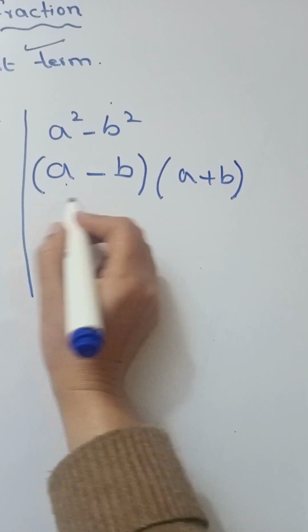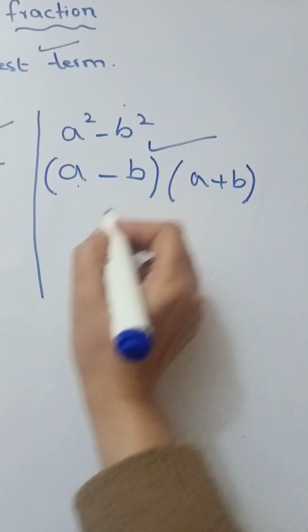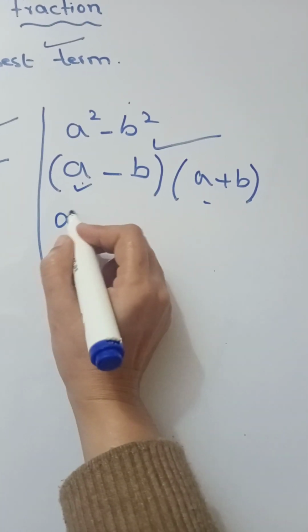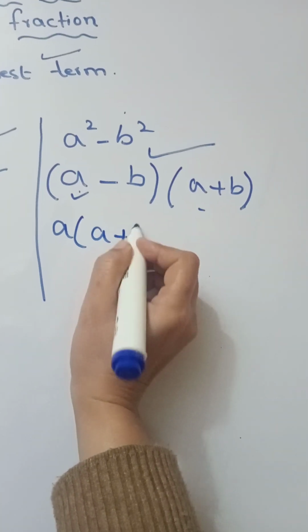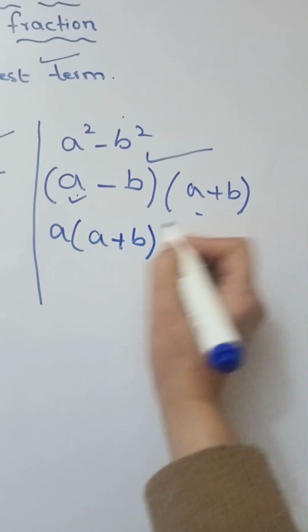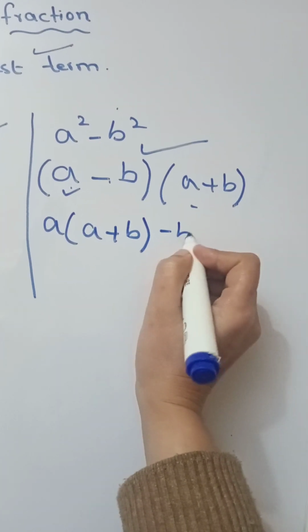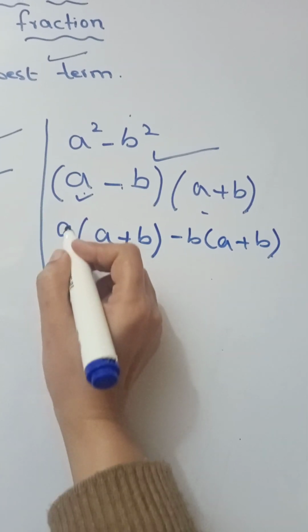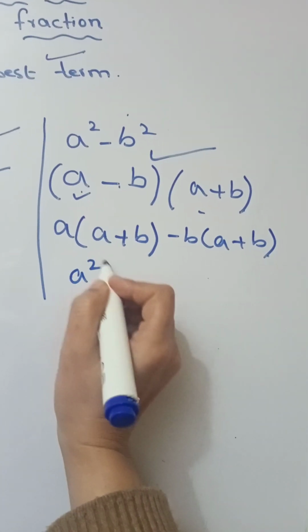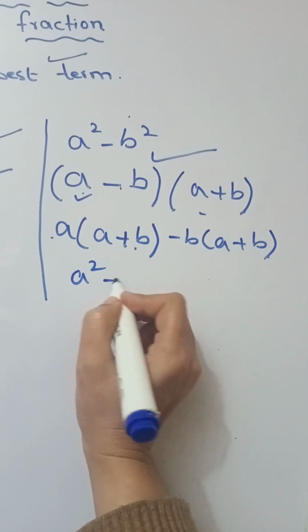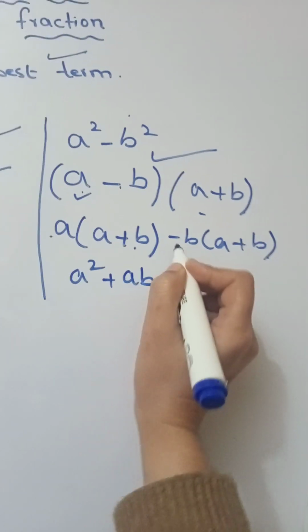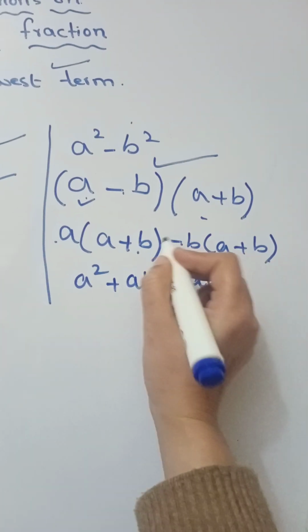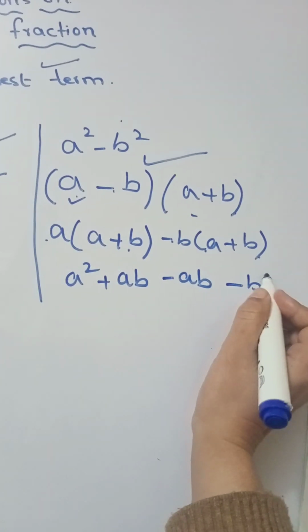Okay, if we want to find how it comes, first of all we take this bracket as common: a square plus ab minus ab minus b square.